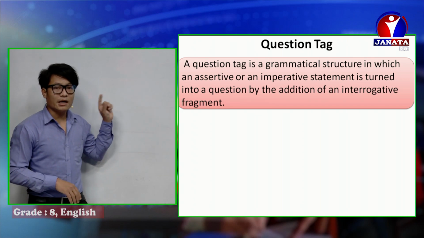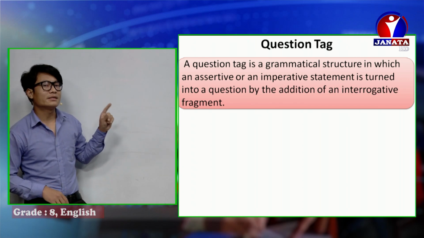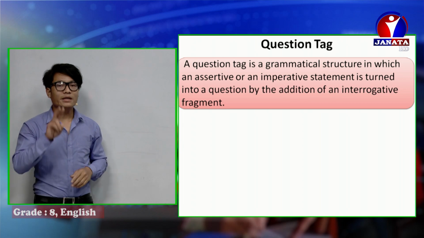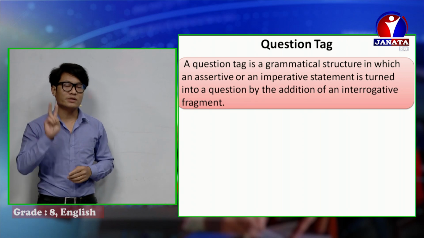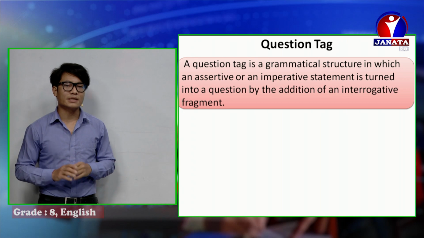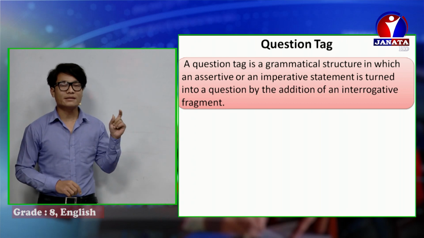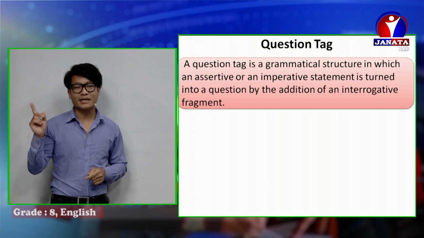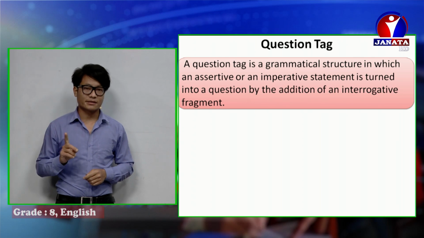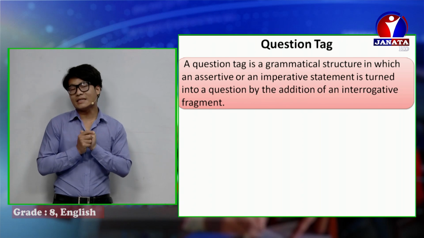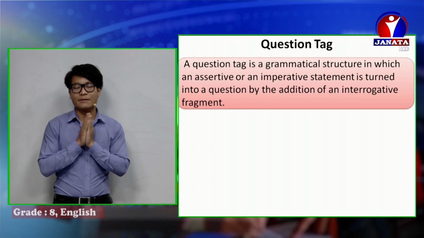So with this definition, what we can understand is that only two types of sentences can be used for a question tag. One is an assertive sentence, and the next is an imperative sentence. So which sentence is called assertive and imperative?